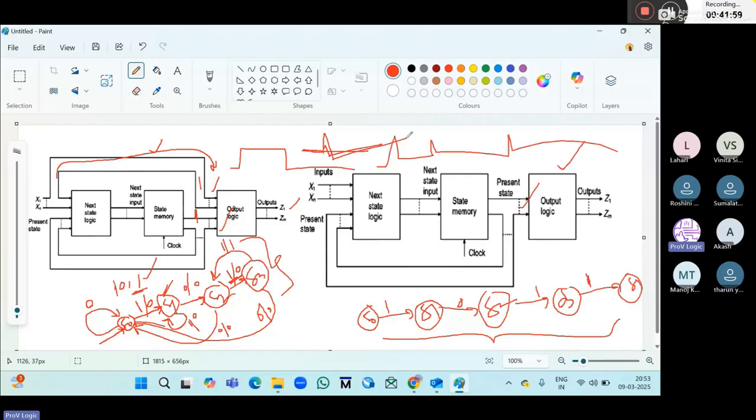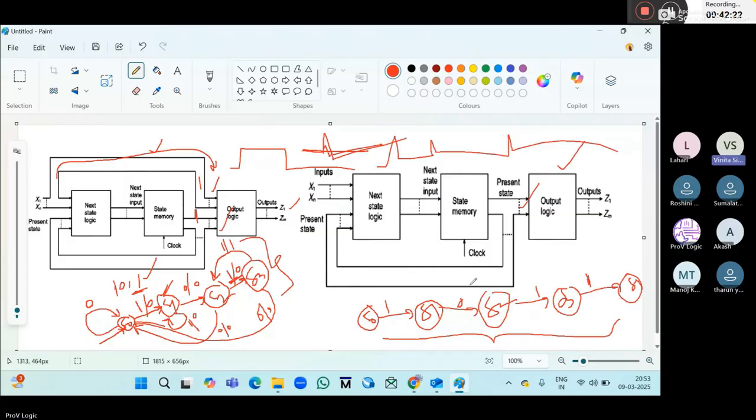Okay, so that is what we call a glitch that can occur in the Mealy machine. But in the Moore machine, we don't find any glitches. Why? Because only one input is going to the output logic. Okay, clear everyone? Any doubts?